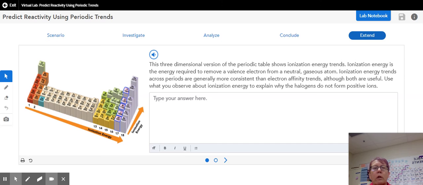Use what you observe about ionization energy to explain why the halogens do not form positive ions. In other words, why don't they want to give away an electron? Okay, why is that? It's kind of a thinking question.